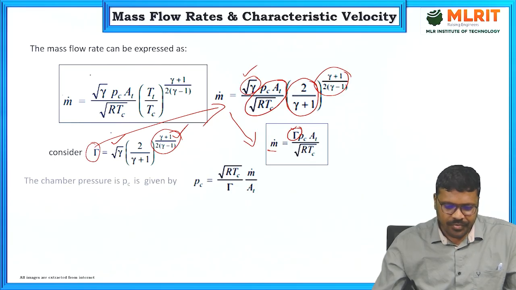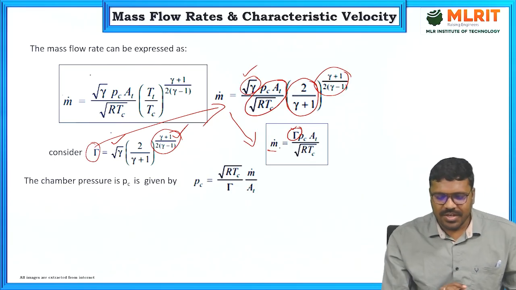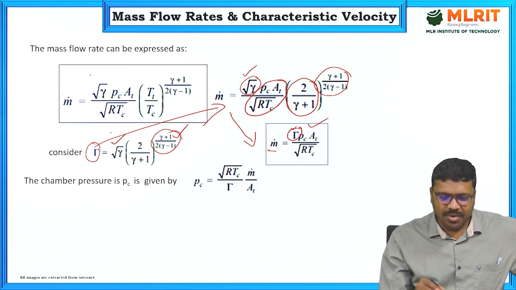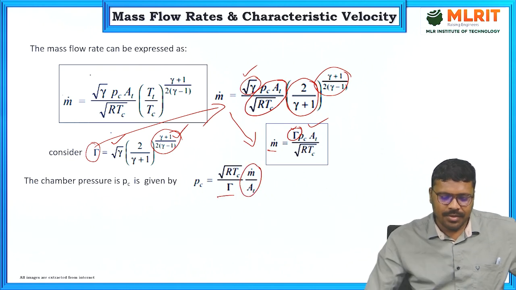Okay. So the chamber pressure PC, from this we can write the equation for chamber pressure. Then this is the mass flow rate equation, right? From this we can also write the equation for chamber pressure, that is under root RTC by tau into m dot by AT.